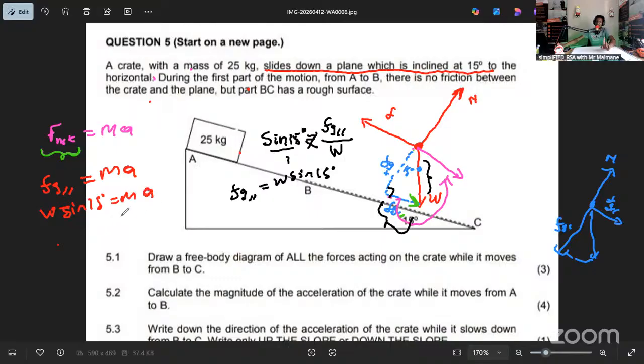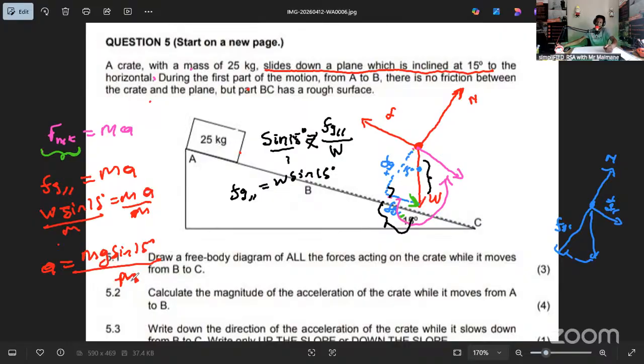But we are calculating acceleration, so I can divide by M both sides because I like to make the thing we're calculating subject of the formula. So therefore, A is going to be equal to mg sine 15 degrees over M. And from here, you can even see the M and the M are cancelling because it's not about the mass.